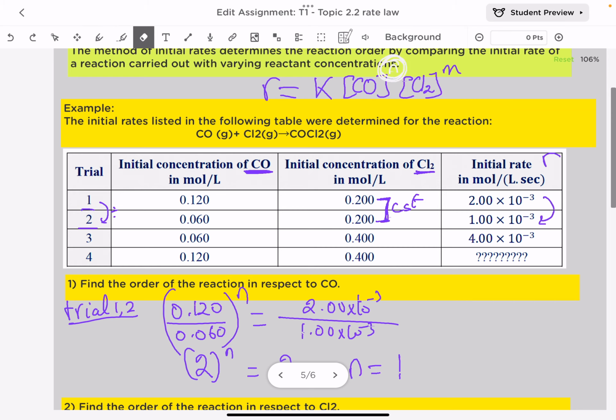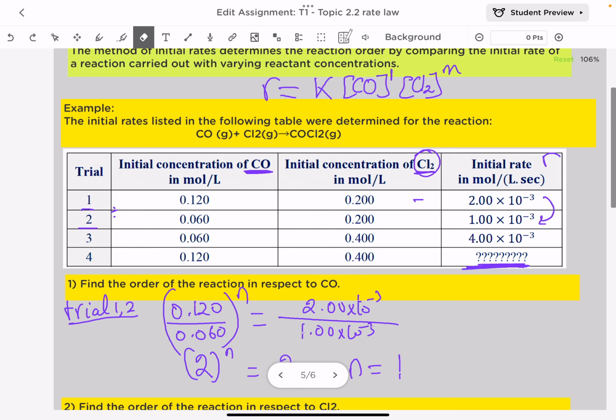So now we know it's first order for CO. Now it's time to analyze the order of Cl2. Again, we choose two trials where Cl2 changed but CO remained constant. I'm going to move away from trial 1 and trial 4 because I don't have the initial rate, there's an unknown.